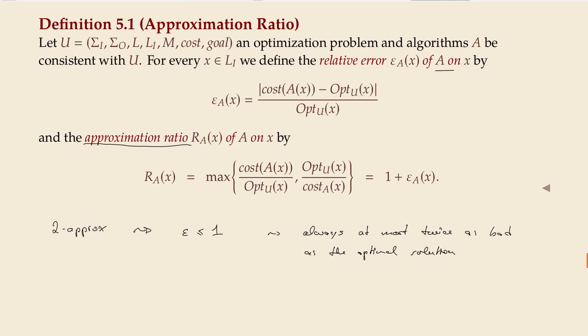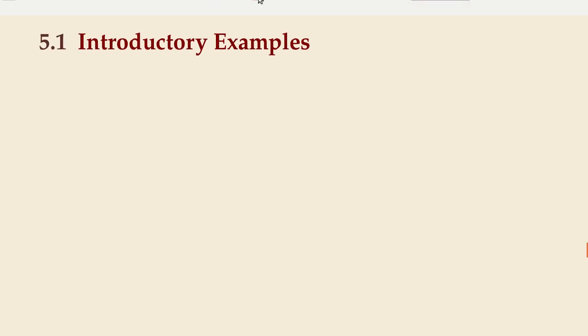Okay, now the maybe simplest optimization algorithm brings us back to one of the simplest NP-hard problems, and that's vertex cover. So you certainly recall we have given a graph and we're supposed to select a set of the vertices so that all edges are covered, which means one of the endpoints of the edges must be in the chosen set of vertices.